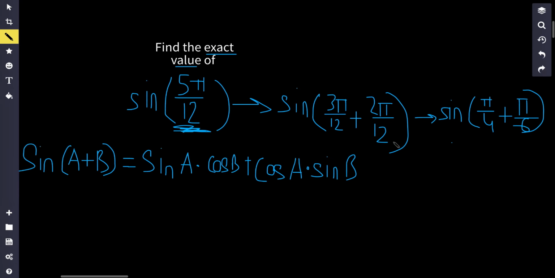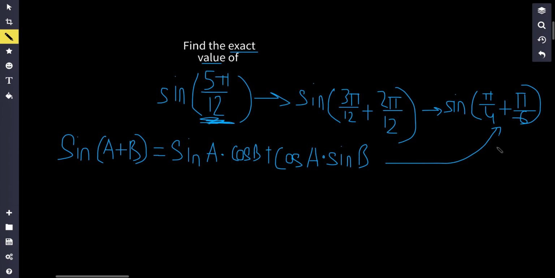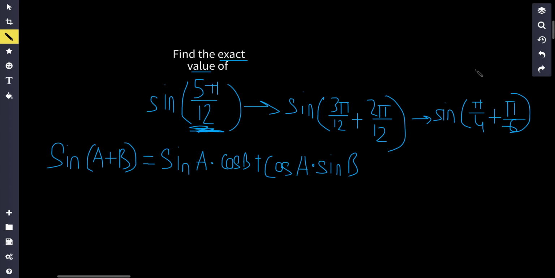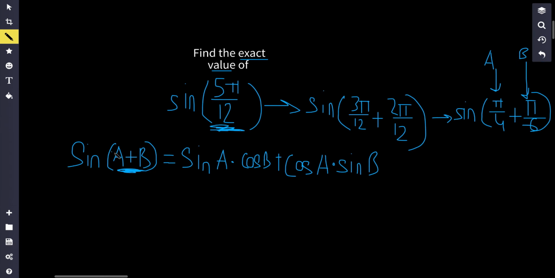Now I can apply this formula to this. If I let this be A and this be B, remember, this formula is for the sum of two angles, and I'm taking the sine of these two angles added together, with parentheses around it.